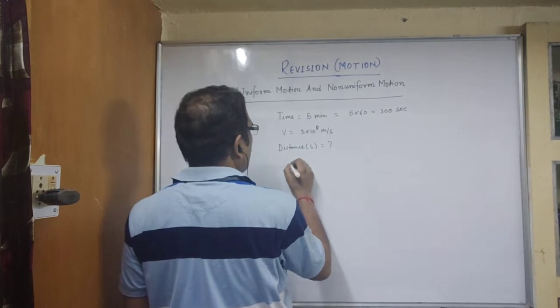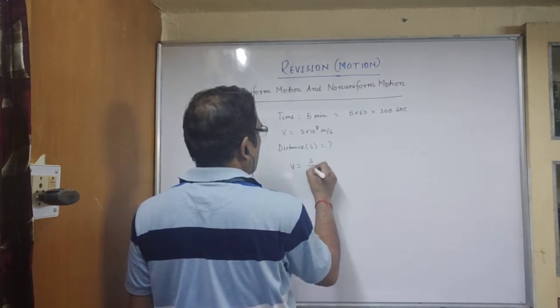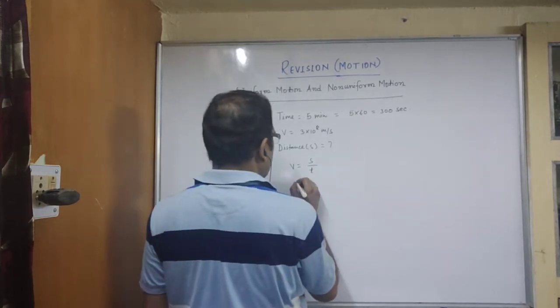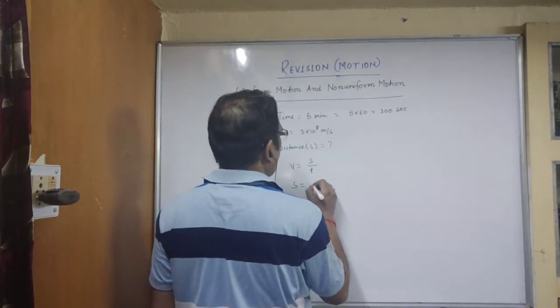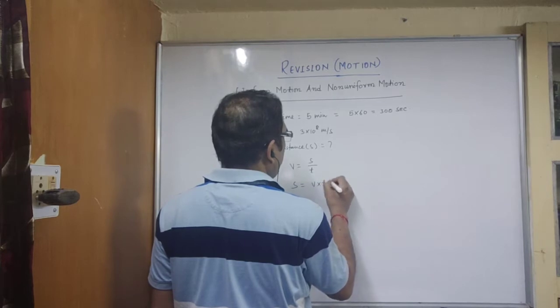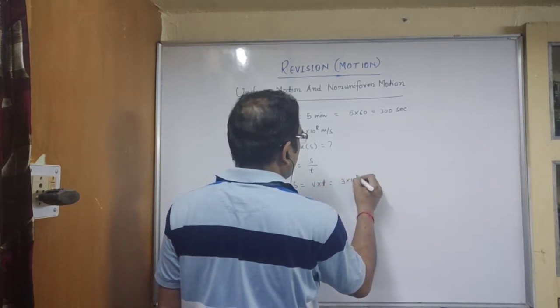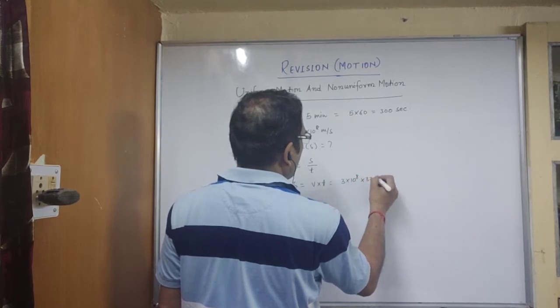So as we know, v is equal to distance by time. So distance is equal to velocity into time. Velocity is 3 into 10 to the power 8, into 300.